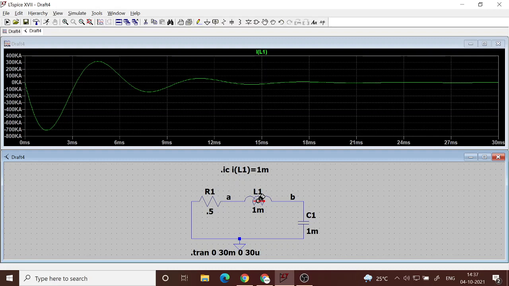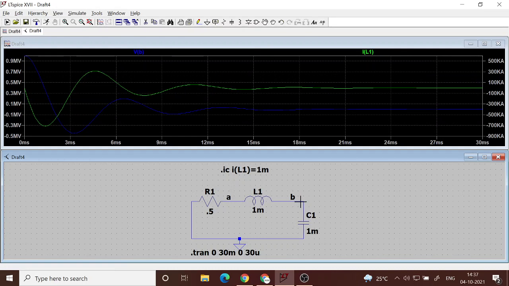Okay, even 1 milliampere is very huge in this particular circuit. You see that it has gone to a very humongous value of current. If at time t equal to 0 you suddenly have this amount of initial conditions, then after a few oscillations it dies out and goes to 0, and you can plot the voltage on the capacitor.